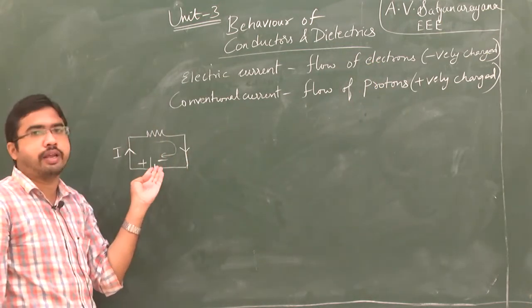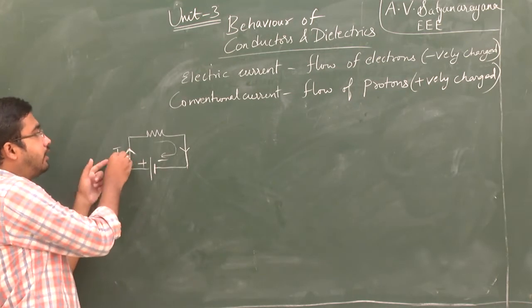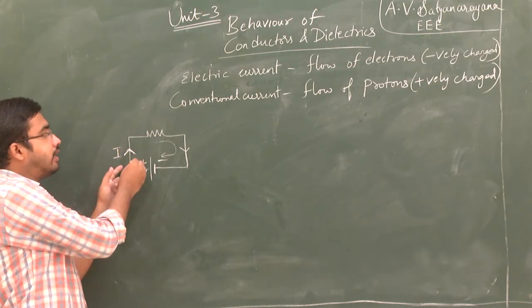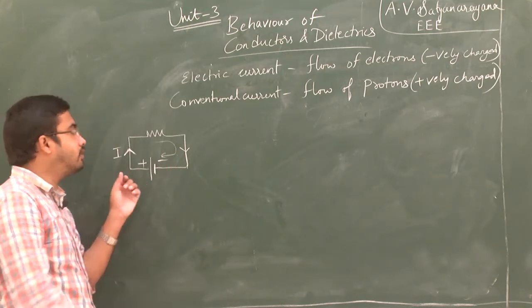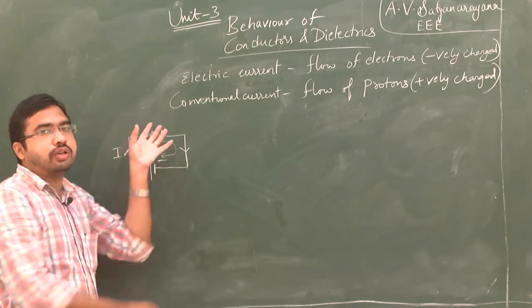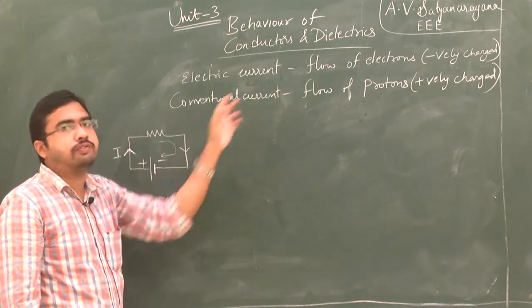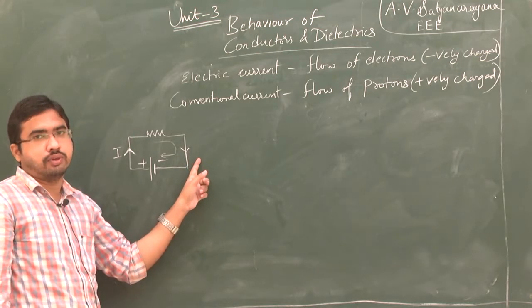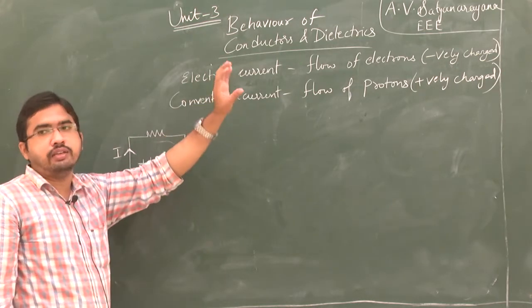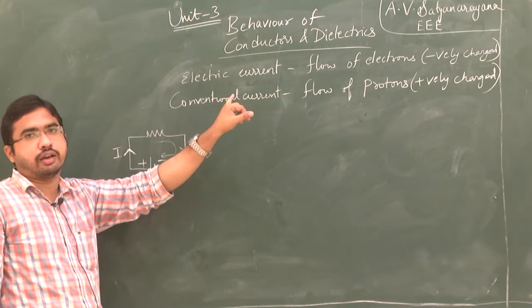Here we can easily explain. This conventional current I is the direction of protons or positively charged particles, and your actual electric current, that means the electron flow, will be opposite to the direction of proton current. Okay, so this is the difference between electric current and conventional current.